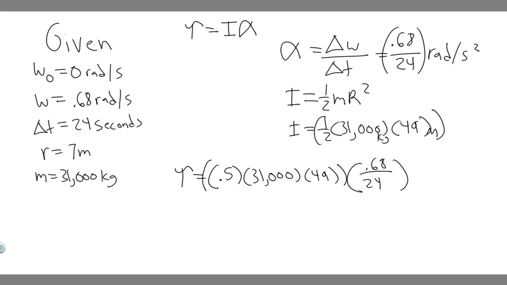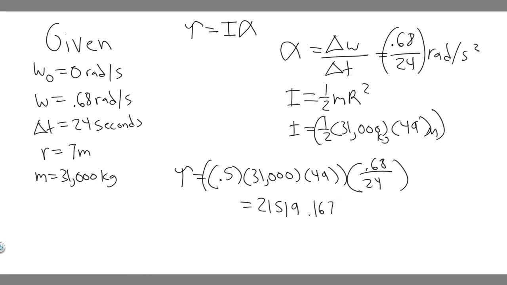If you go ahead and do this, let's plug it in: 0.5 times 31,000 times 49 multiplied by 0.68 divided by 24. You're going to get that it equals 21,519.16 and so on.